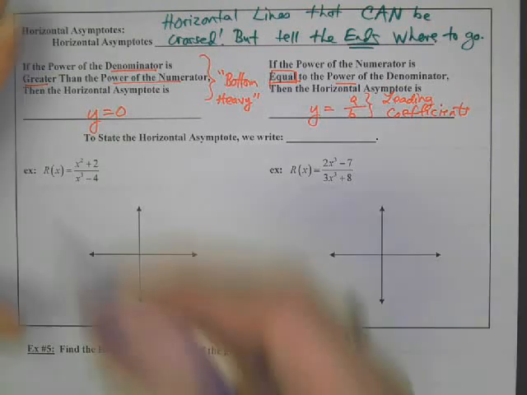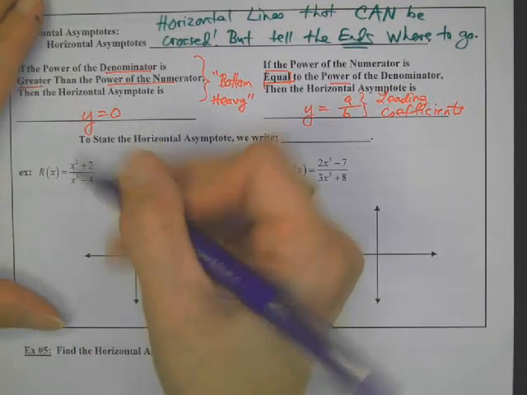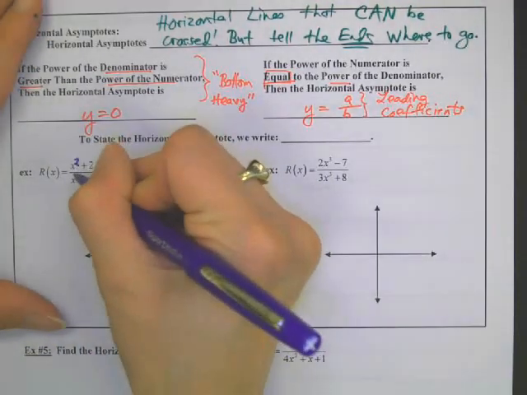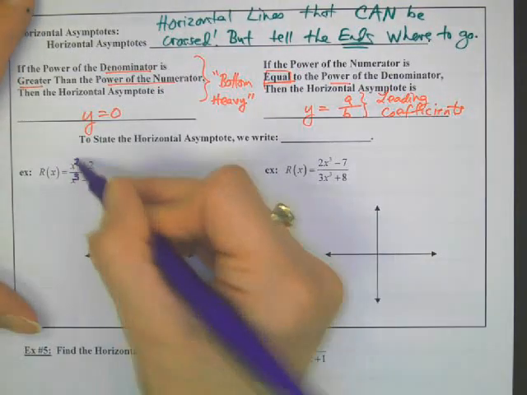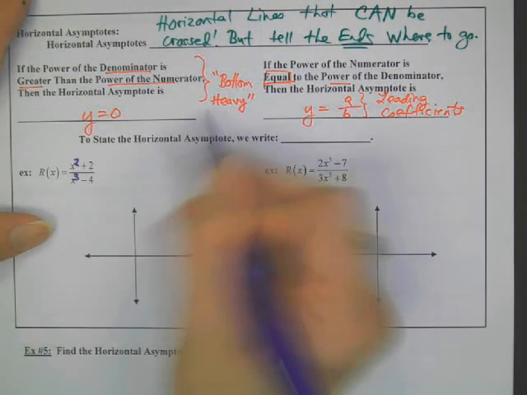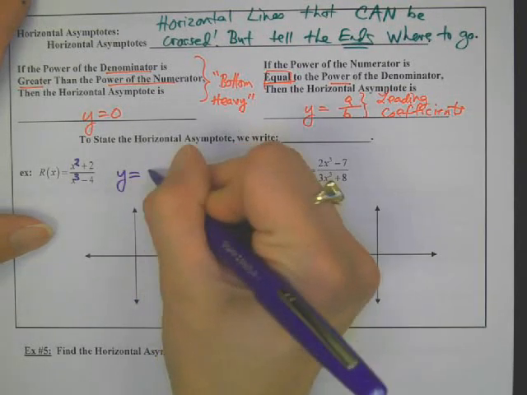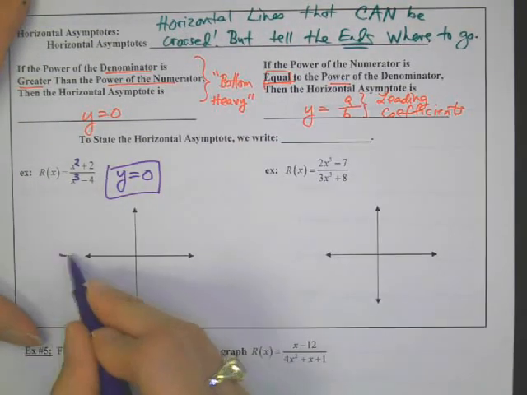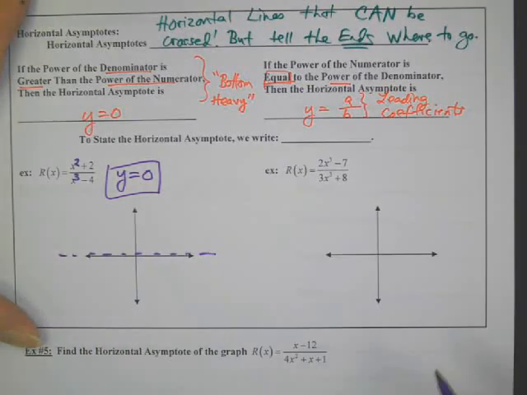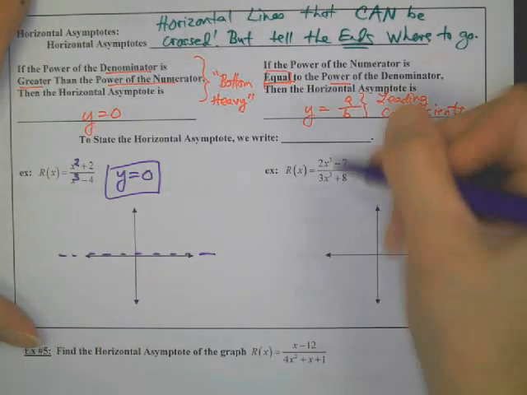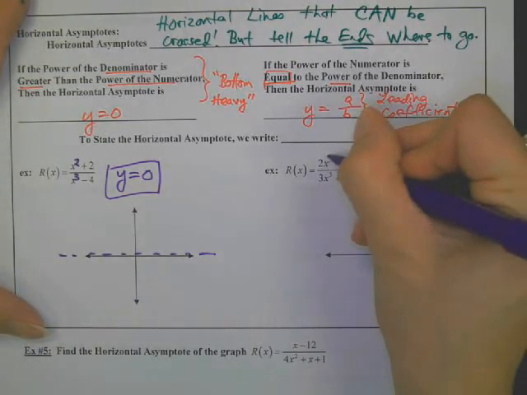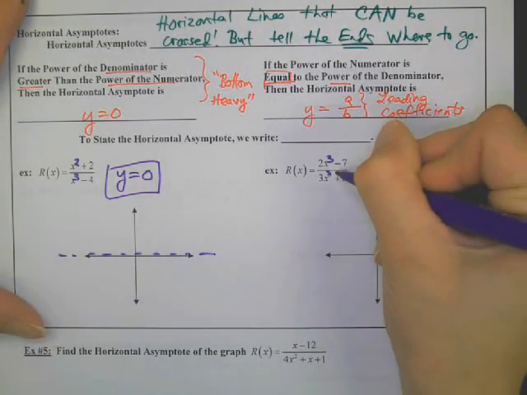I've got one example of a rational function, and I'm going to study the powers. I see a 2 and I see a 3. If the power is greater in the bottom, if it's bottom heavy, the horizontal asymptote is going to be y equals 0. So it's going to have a horizontal asymptote going like that. Let's look at these powers. I see a 3 and another 3.